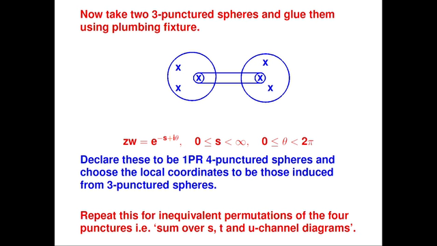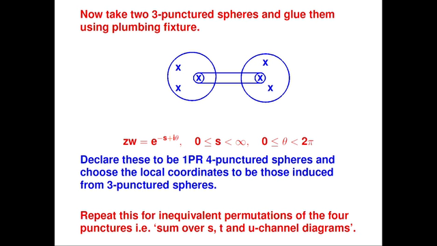But it is clear from this general description that as you let s run from 0 to infinity and theta run from 0 to 2 pi, this gives you some 2-parameter family of 4-punctured spheres. This is clearly a sphere with 4 punctures, and as you let s and theta run over their complete range, this gives you a certain 2-parameter family of 4-punctured spheres.